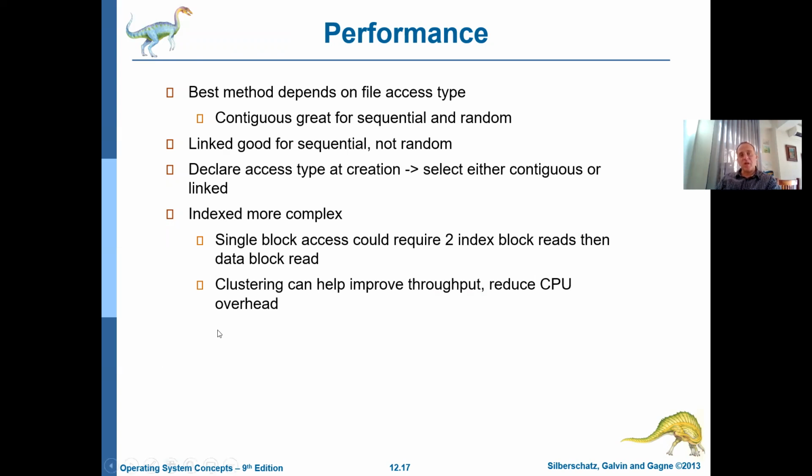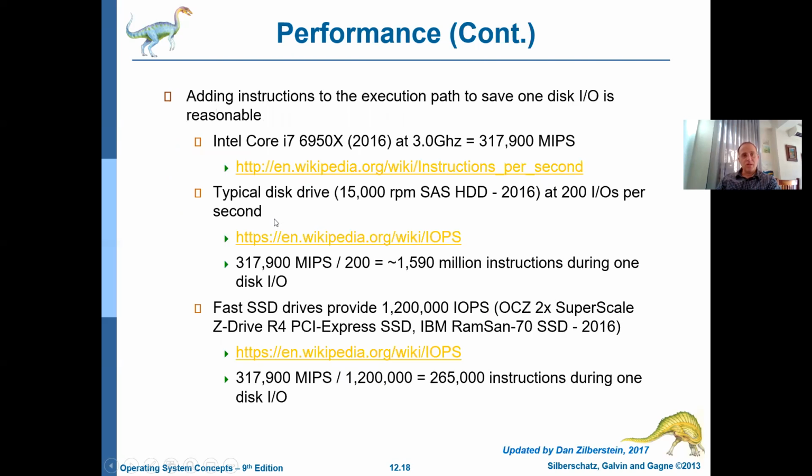Just to get to a single block of my file could require two index block reads, because I've got to read the outer table and the inner table, and then finally the actual block read. So it's going to require three reads. Clustering can help improve throughput, right? I could also do clustering in either the linked list or the index method.